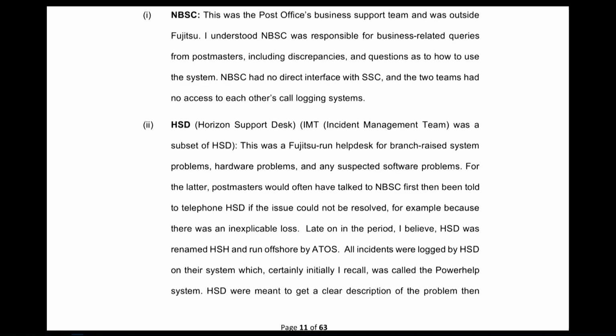Many of the sub-postmasters who gave evidence to us in phase one of the inquiry said that they believed that the staff in the Horizon help desk were using call scripts, i.e. that they appeared to be reading some printed text. Did you ever see such printed scripts?